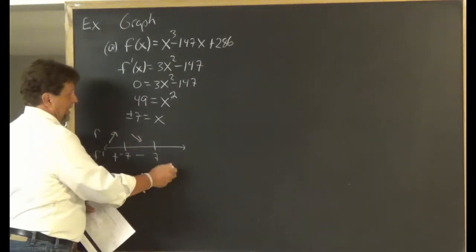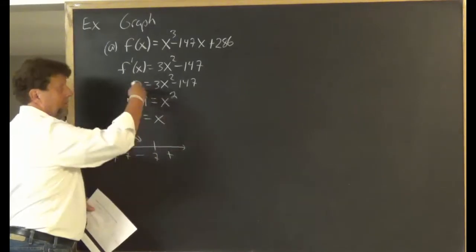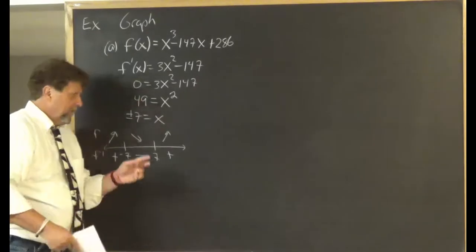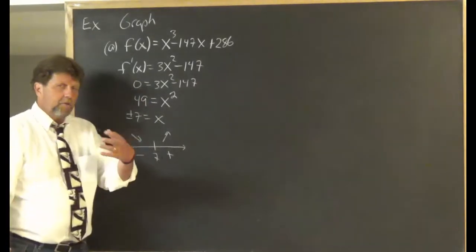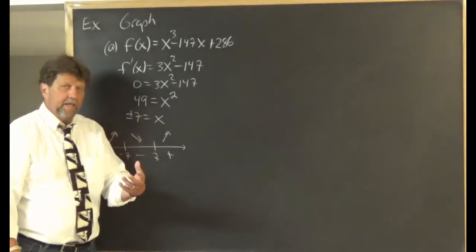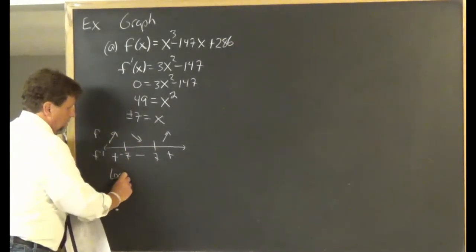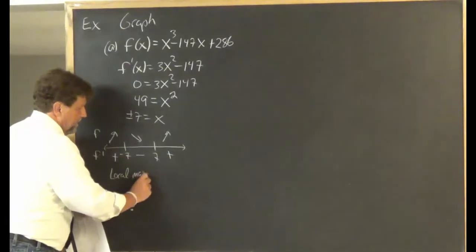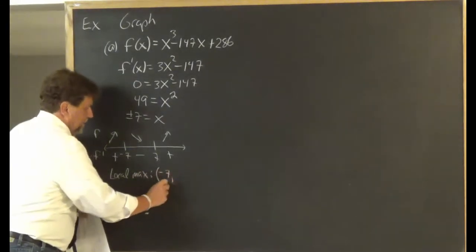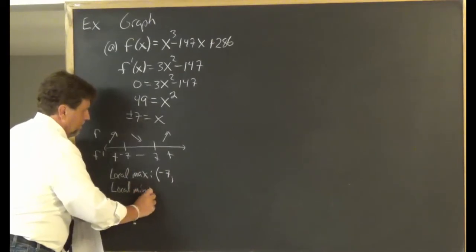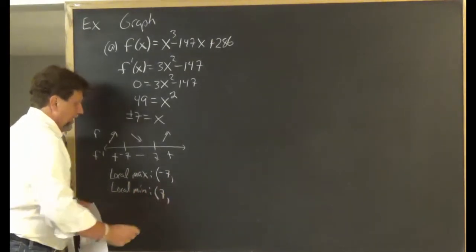Here I pick 8, and I'm putting it back into the derivative. Out comes a positive number. So I can visually see the intervals where it's increasing and decreasing. And I see there's a local max at x equals negative 7, and there's a local min at x equals 7.